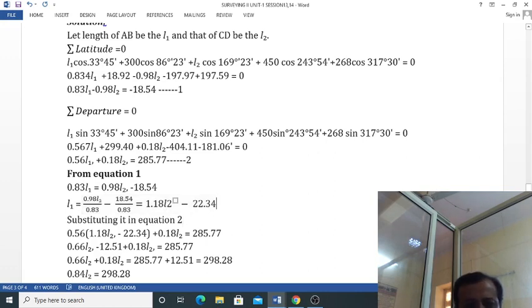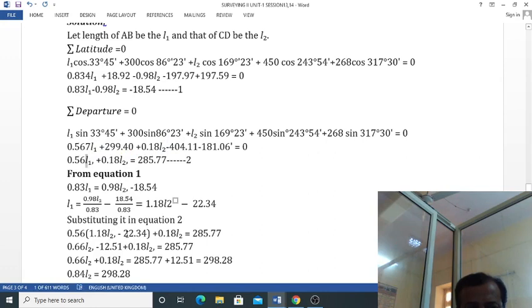Now substitute this value of L1 in equation 2. We got L1 as 1.18 L2 minus 22.34, so wherever we have L1, substitute that value.